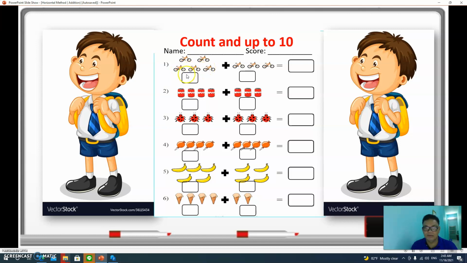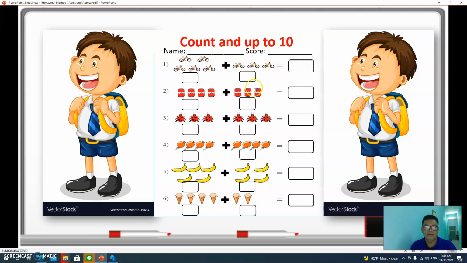You're going to write number 5 here. 5 plus, again, how many bicycles? 1, 2, 3. So you're going to write 3. 5 plus 3 equals 1, 2, 3, 4, 5, 6, 7, 8. So you're going to write 8 here.